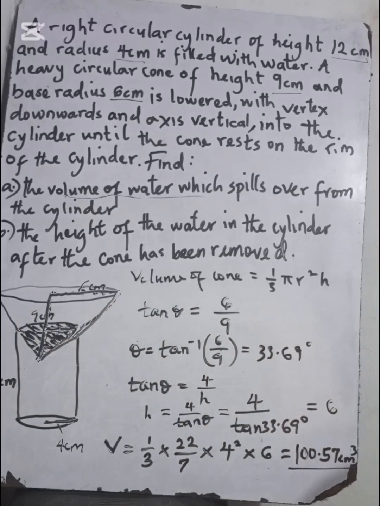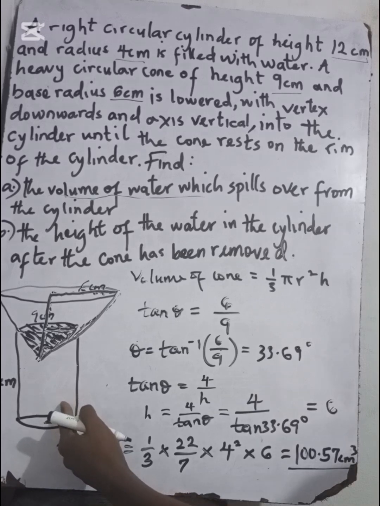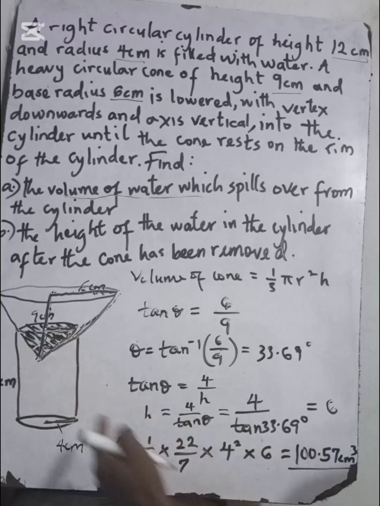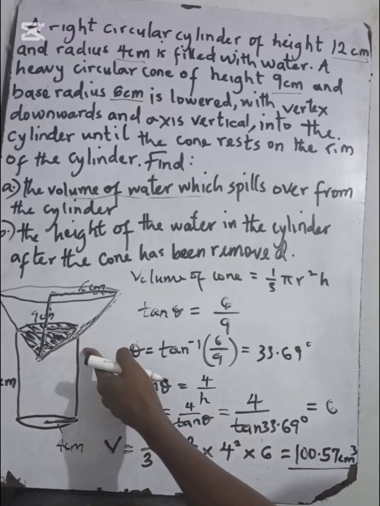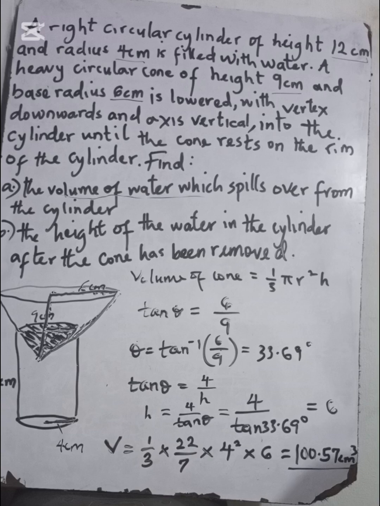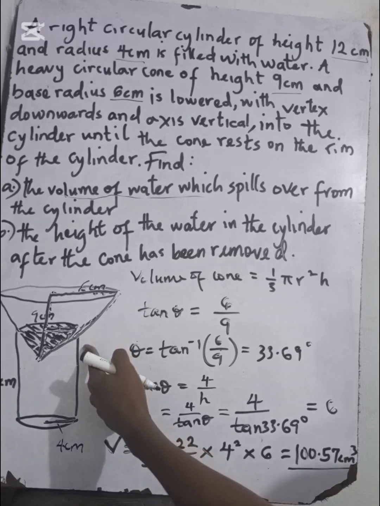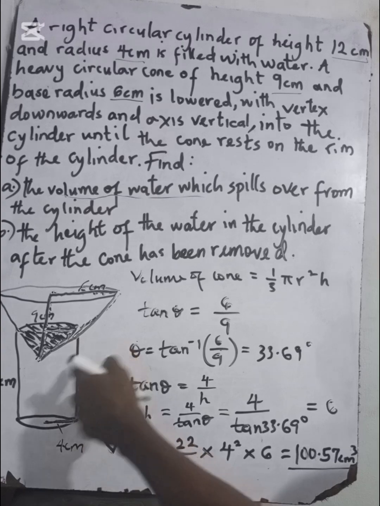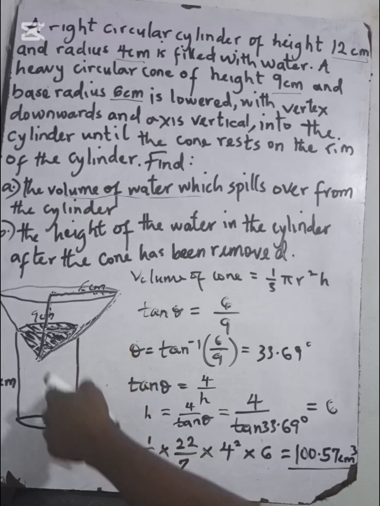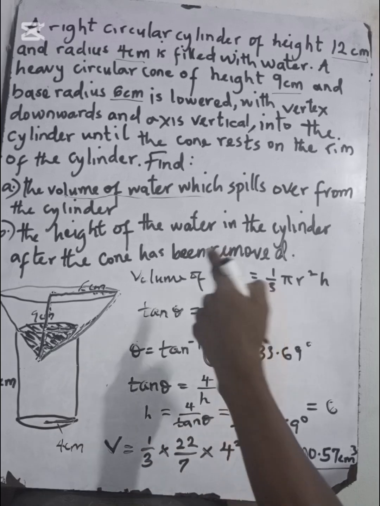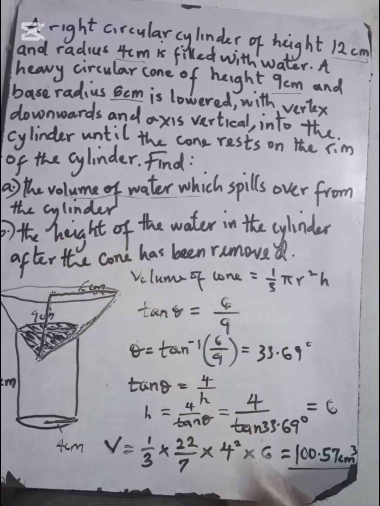Now, to find the height of the water in the cylinder after the cone has been removed, we need to find the volume of that cylinder. Then we'll take away the spilled over water from it in order to know the level of the water in the cylinder now, because the level of that water will reduce. We can then use the volume that remains in the cylinder to find the height as required.